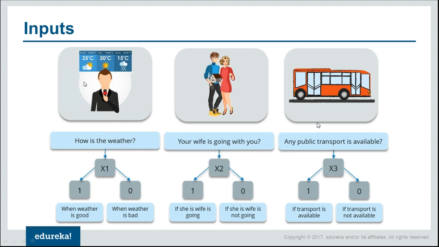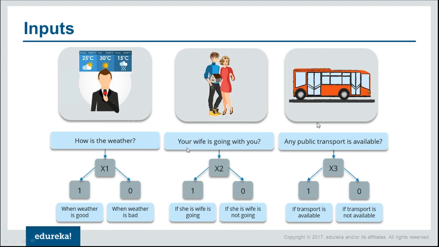Even though we can talk about temperature like 25, 30, 15 degrees Celsius, different values, rain and all that, in reality from our point of view we want to see only two values for the weather: is it good weather or bad weather. So I say the x1 variable value is 1 if the weather is good, and its value is 0 if it is bad weather.